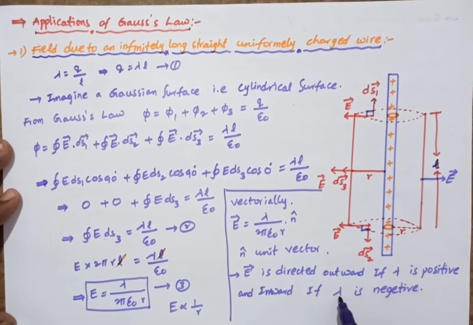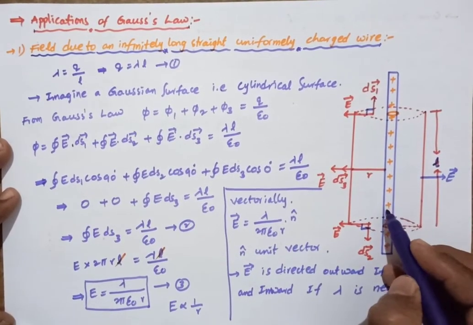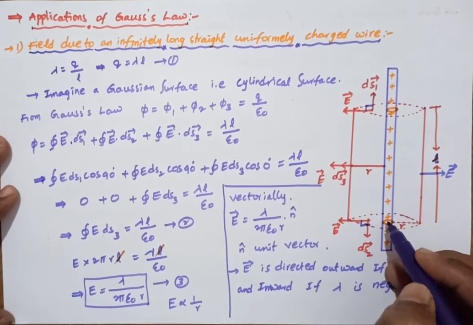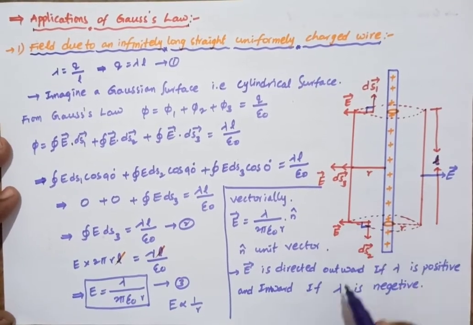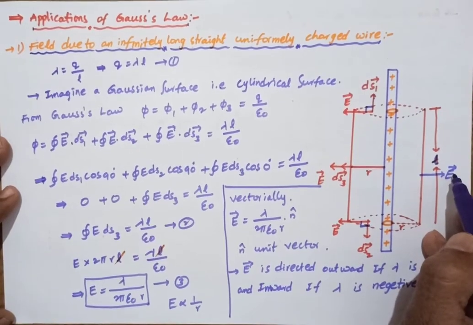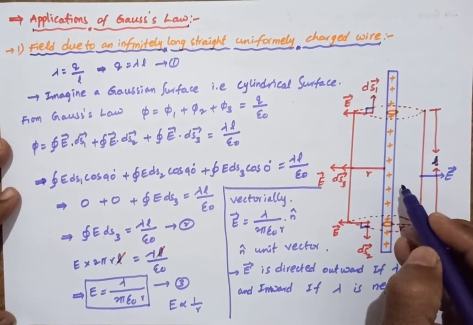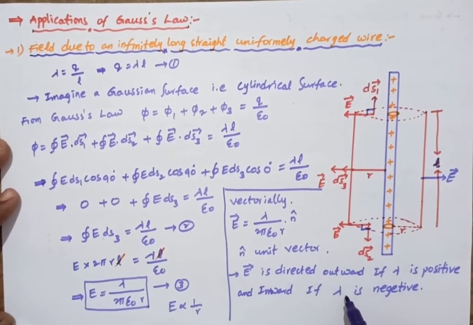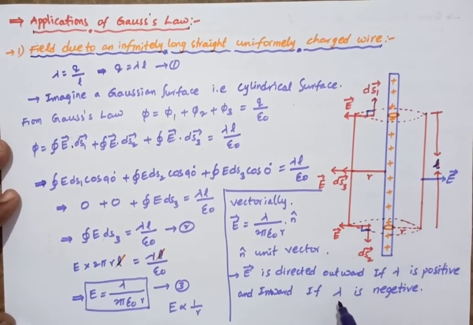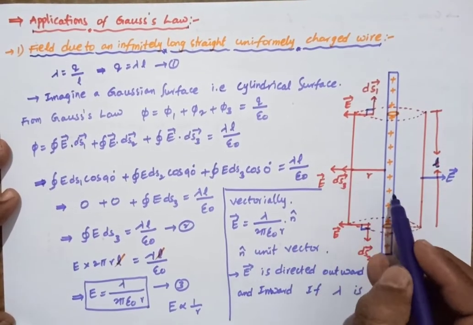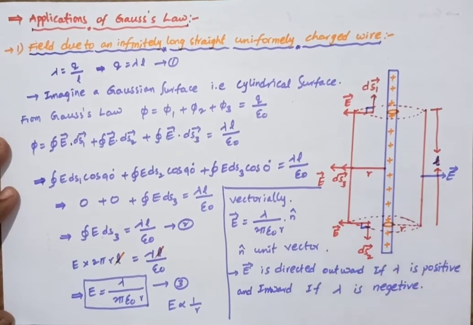When lambda is negative, the charge accumulated on this straight conductor wire is negative, so the electric field direction is inward. When lambda is positive, the charge is positive, and the electric field direction is outward from the conductor.